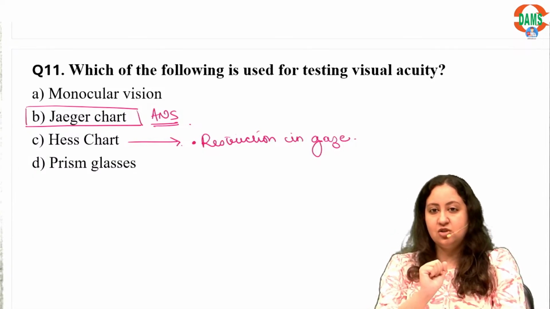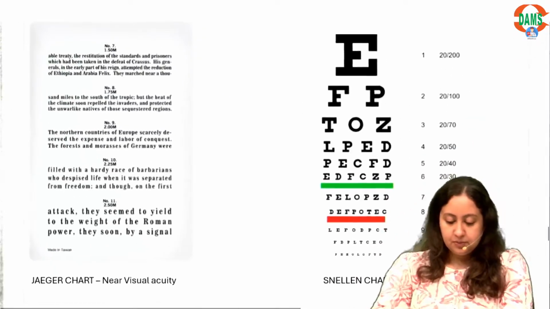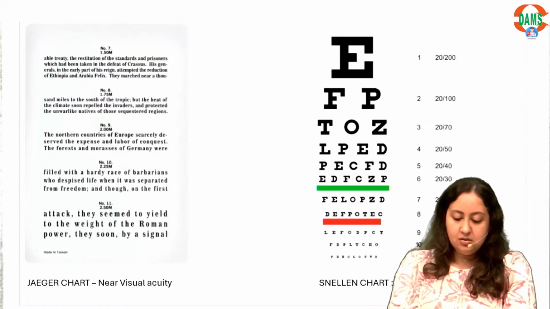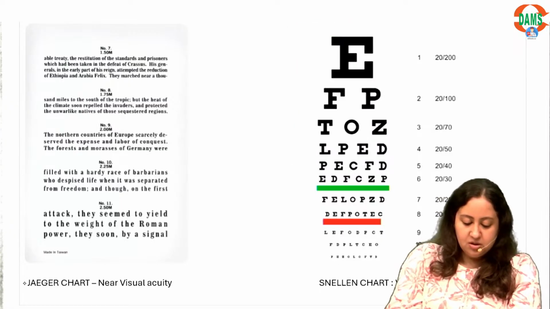Alright, this is your Hess chart. And with this, we can determine if there is any entrapment of any extraocular muscle, especially for orbital floor fractures. Now, I have on screen the Jagger's chart and the Snellen's chart. Let us first talk about Jagger's chart.